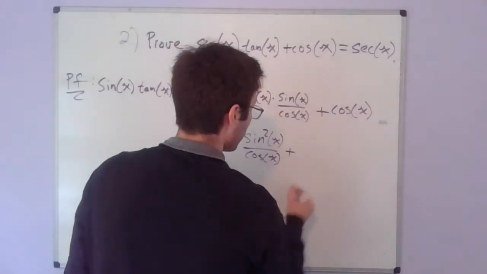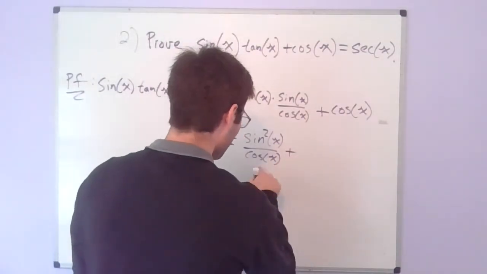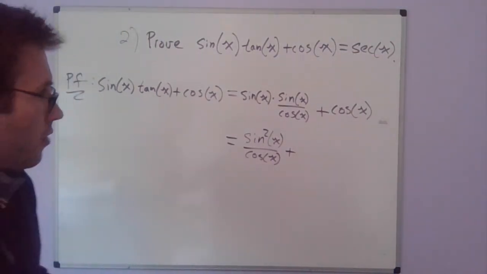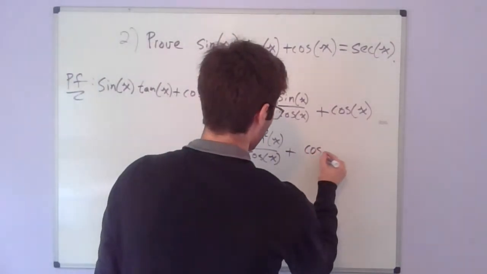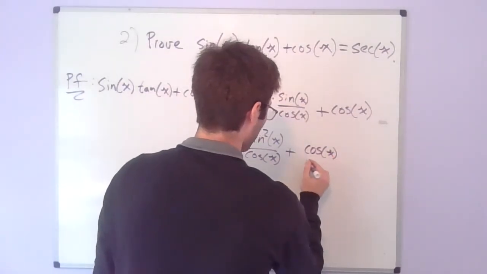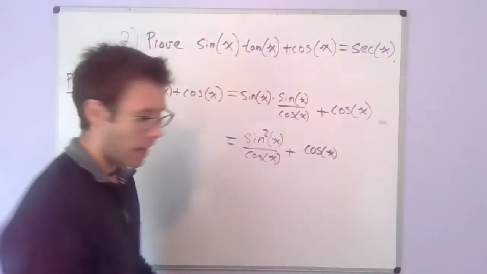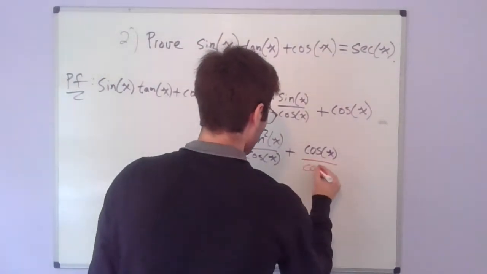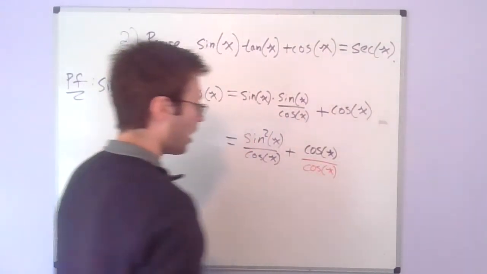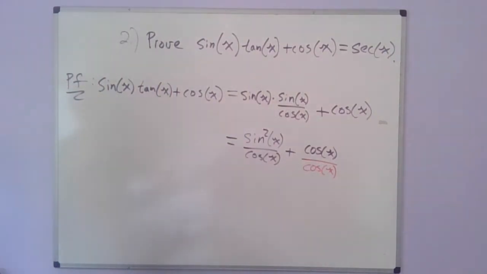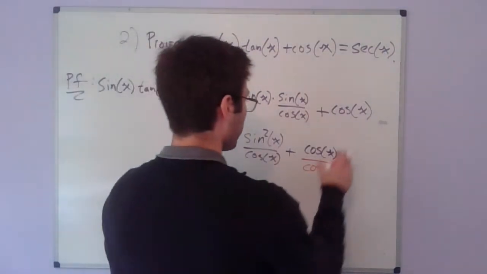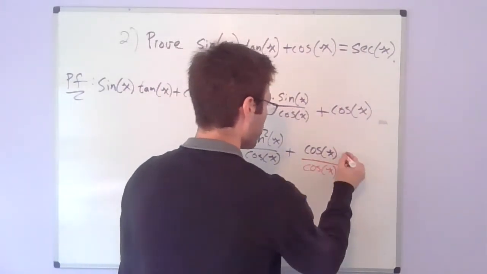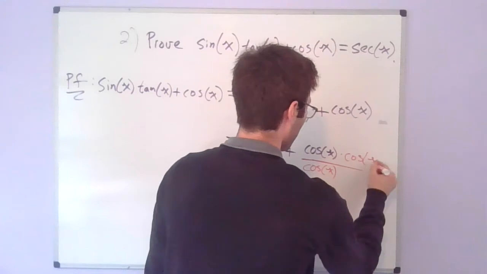Now, plus cosine x, but I need it to have the same denominator in order for me to combine stuff. So I have this cosine x right here, but I need it to have the denominator cosine x. It has to have that down below. Now, in order for this to be equal to that, I have to multiply it by cosine x up top.